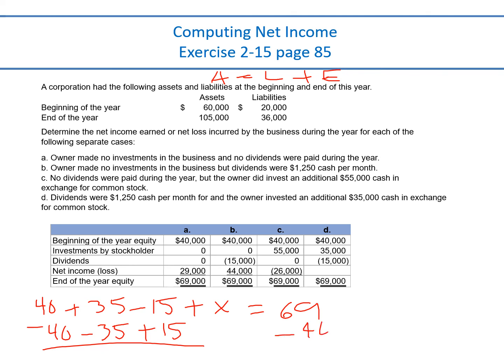So minus 40 minus 35 plus 15. X is equal to 69 minus 40 minus 35 plus 15. It's $9,000. Okay.